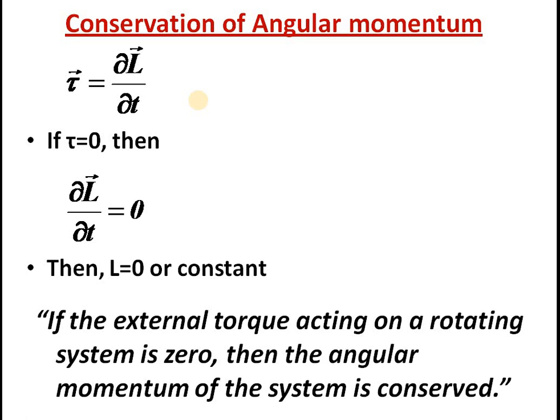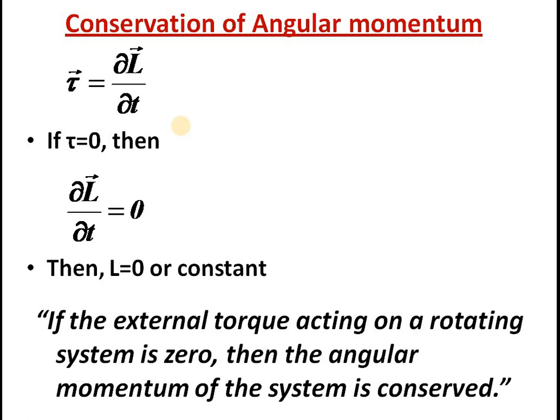Suppose the engine is suddenly switched off. You can see that the train will move on with constant velocity. I am approximating the situation. You cannot say it is ideally a good example, but just for your understanding, it is an example of the linear motion conservation law. You can apply it roughly to a train moving on a horizontal, level, smooth railway track. If the engine is suddenly switched off, the train will move with a constant velocity.